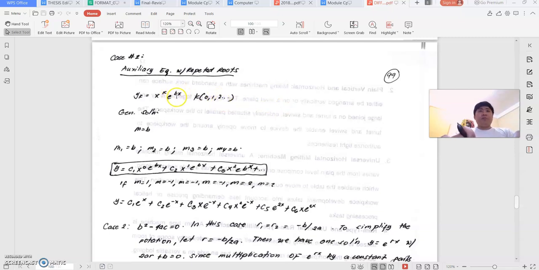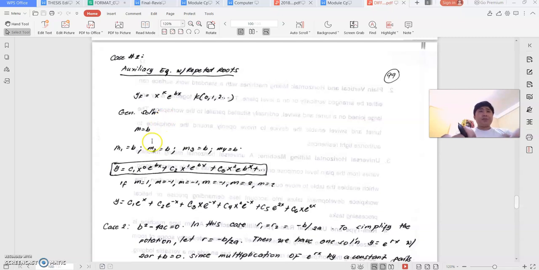Then, your b here is your root. For example, your root is 1, negative 1 like this, so negative 1 times x. By the way, I did not write the arbitrary constant here, because in the repeated case, like in the distinct roots, it is expected. A constant times this one.